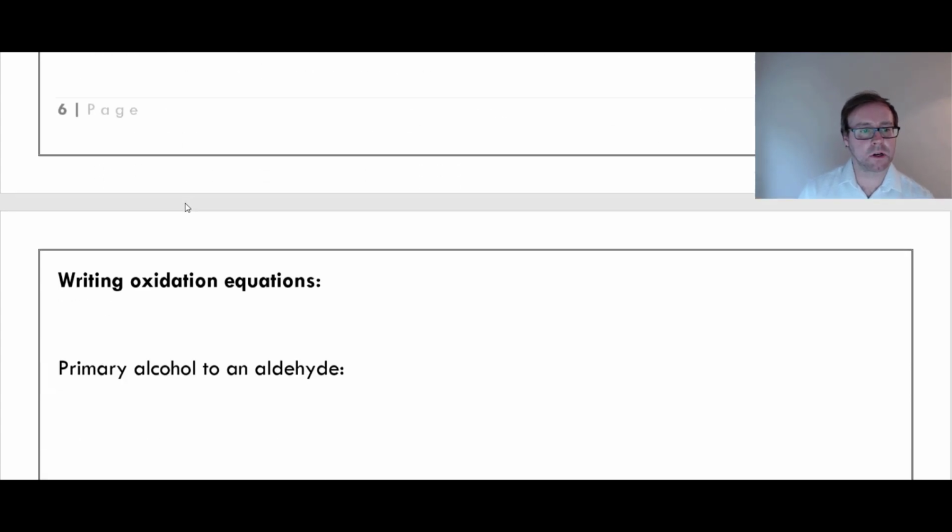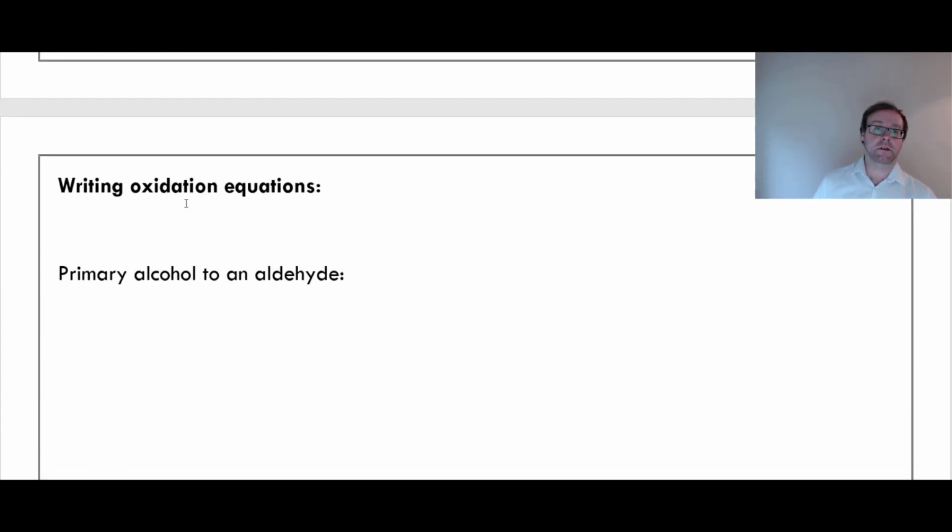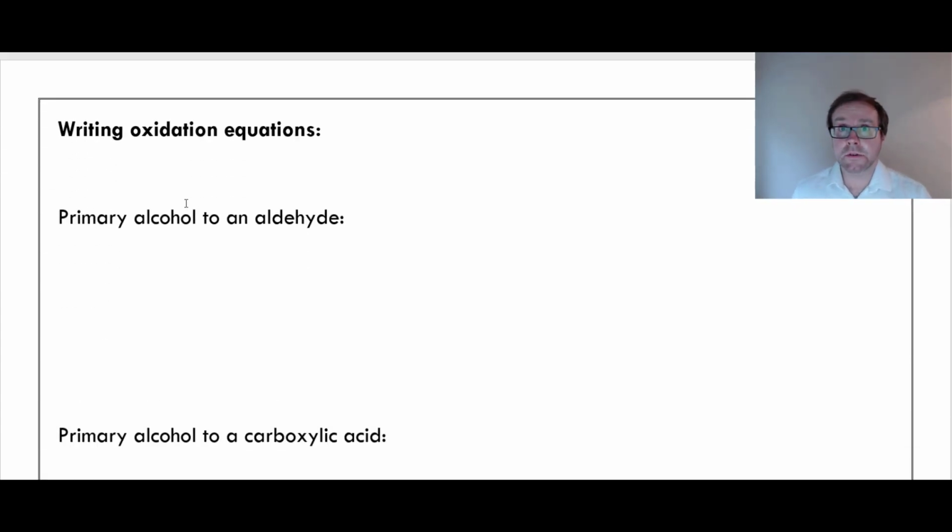Okay, so moving on. Writing oxidation equations. So you'll have to refer back to this table that we have just written down. So a primary alcohol to an aldehyde. I'm going to give you the word equation and I want you to give me an example.